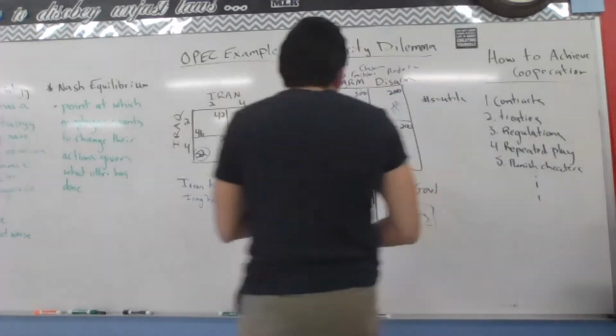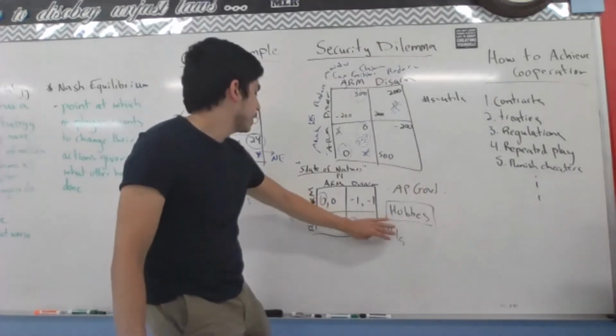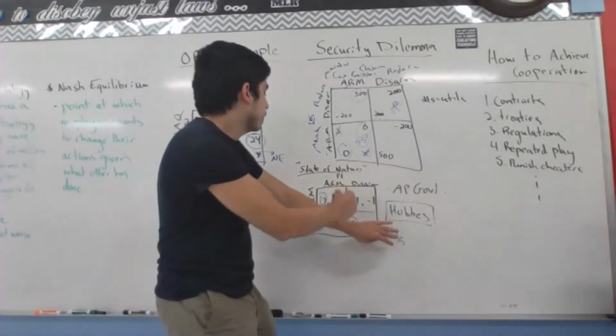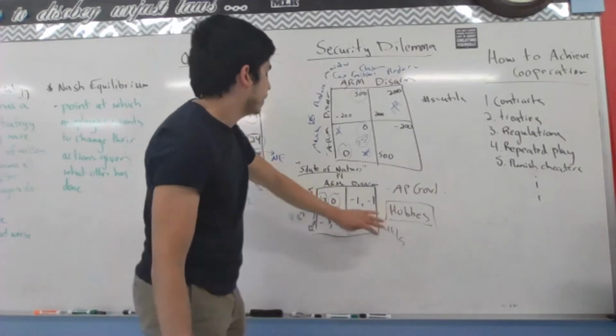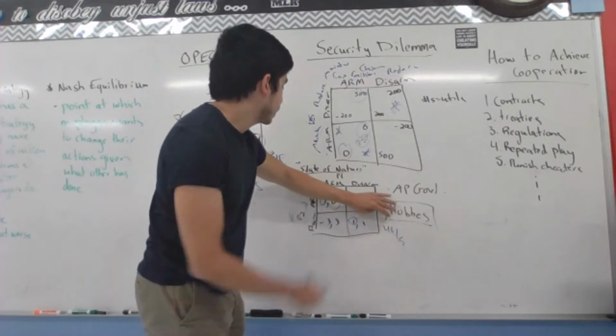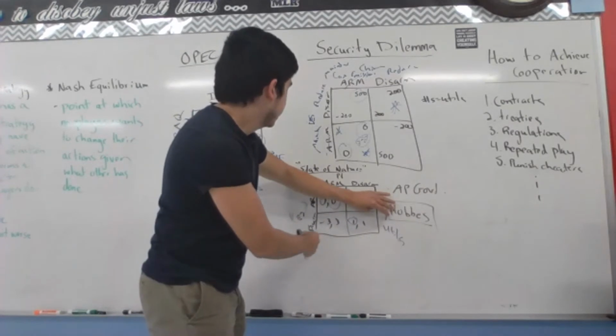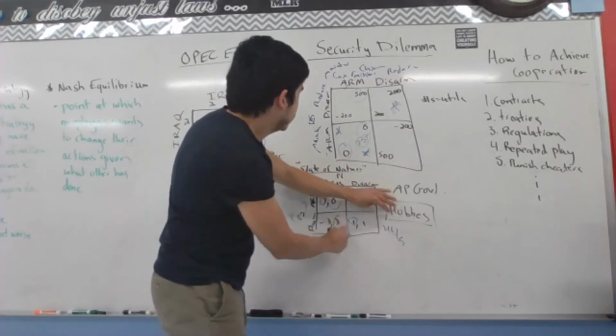But player 1 pretty clearly has a dominant strategy, and we can cover up this row and see what is player 1's best payoff. It's there. And we can already see that's a Nash equilibrium. And cover up this row. What is player 1's best payoff if player 2 decides to disarm? And we can see it is to arm, right?